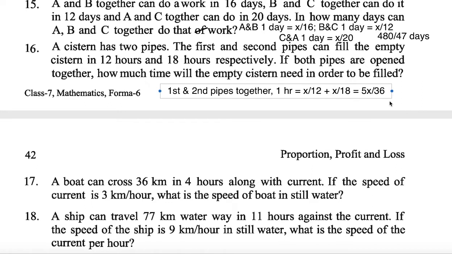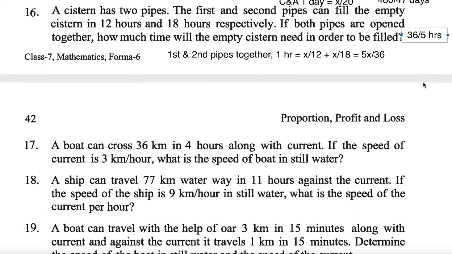Then how many hours may be required? That is 36 by 5 hours. 5 7s are 35. So 7 and 1/5 hours. 1/5 of an hour is what? 60 by 5, 12 minutes. Okay, 7 hours 12 minutes or otherwise 36 by 5 hours.